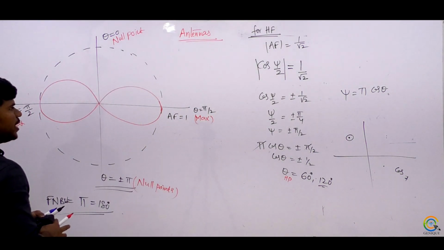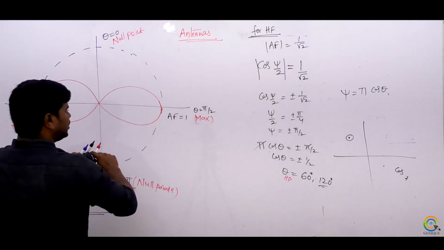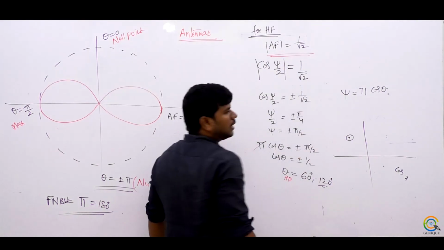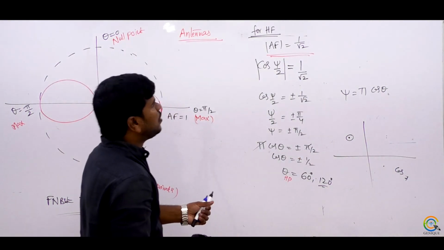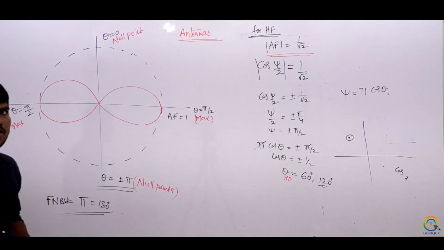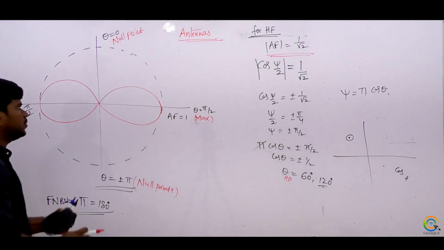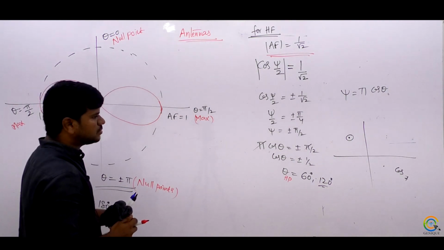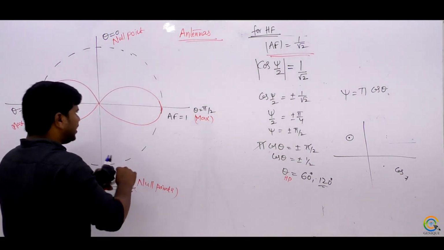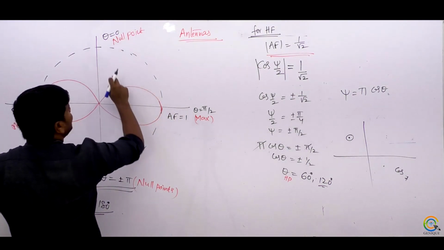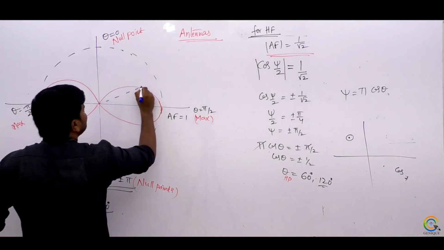What is the half power point? At this, you will get the array factor 1 by root 2. That is called the half power point. If you square that, you will get 1 by 2. That is called the power by 2, maximum by 2. So here at this place, if it is 0 degrees, this would be 60.